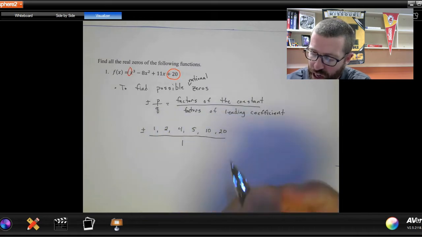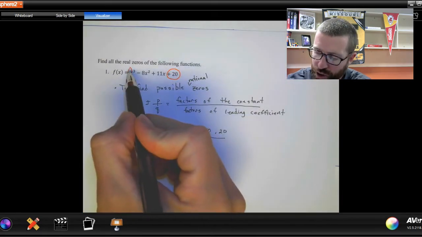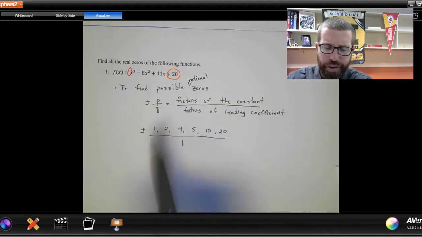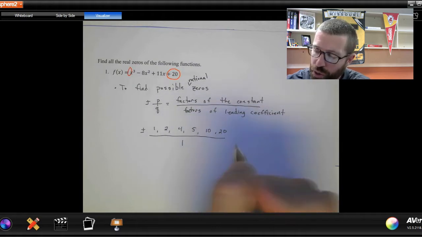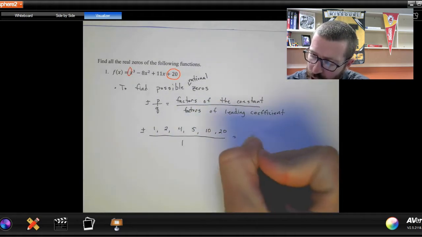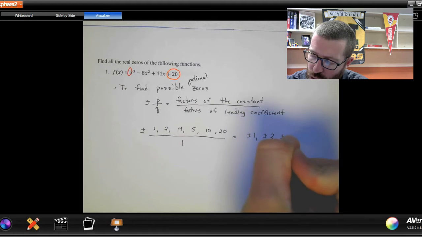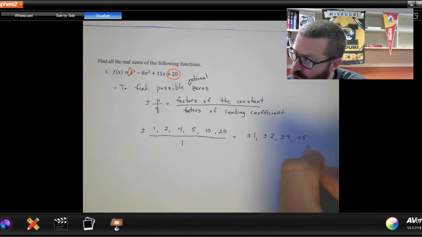On the bottom, we just have 1. So it's not a super interesting example at the bottom because the factors of 1 are just 1 and negative 1. And this is a somewhat acceptable way to write this out shorthand, but what it really means would be plus or minus 1, plus or minus 2, plus or minus 4, plus or minus 5, and then I'm running out of room a little bit.